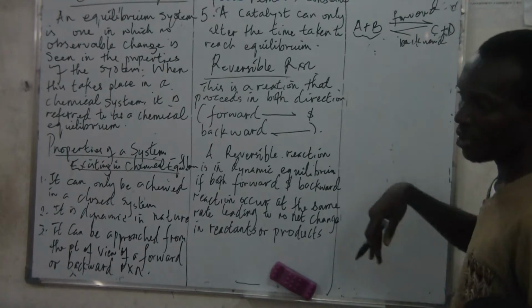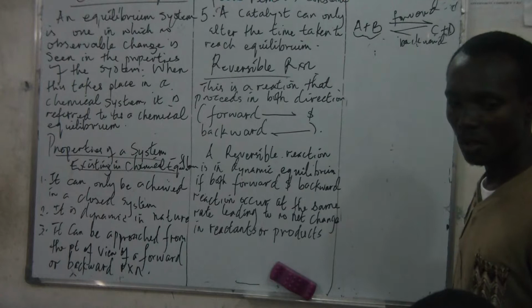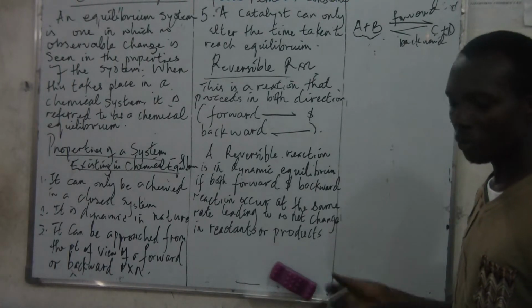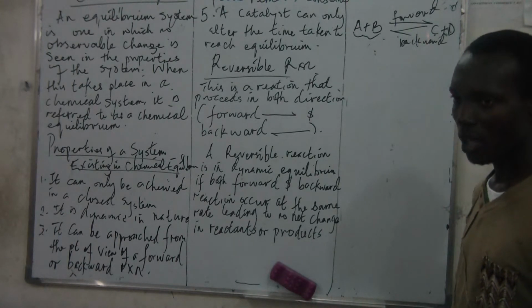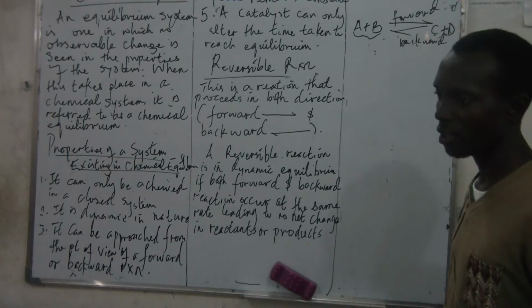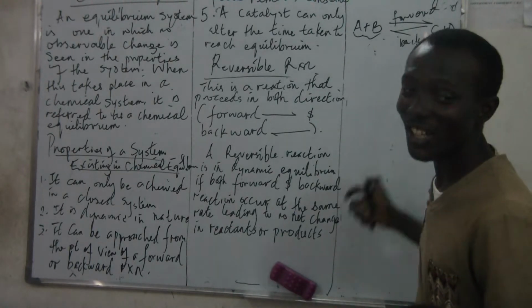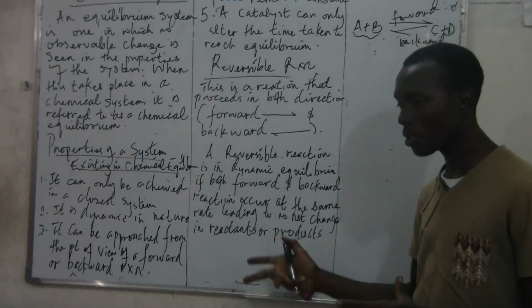So the amount of AB, if I have 2 and I remove 1 from 2, what will I be left with? Then I add 1 again. I remove 1 and add 1, and add 1, then remove 1 and remove 1 again. What will I be left with? That kind of a system, there is no net change in the amount of the product or reactant.